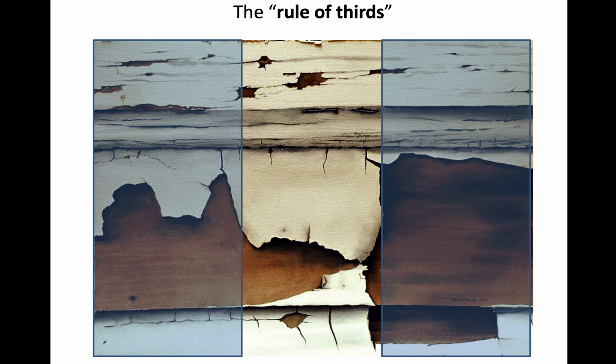So an example, this is the rule of thirds applied to a painting that I did back in about 1979 or 1980. That large paint chip on the siding of an old garage that desperately needed to be repainted. That central paint chip is about 1/3 the width of the entire painting, and about 1/3 in from either side.